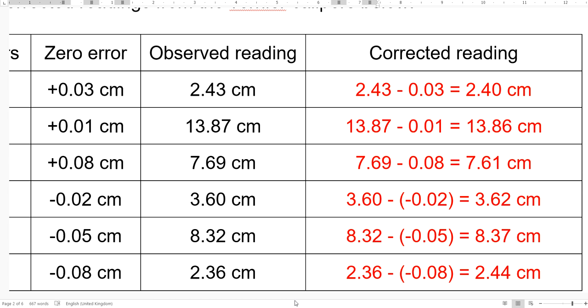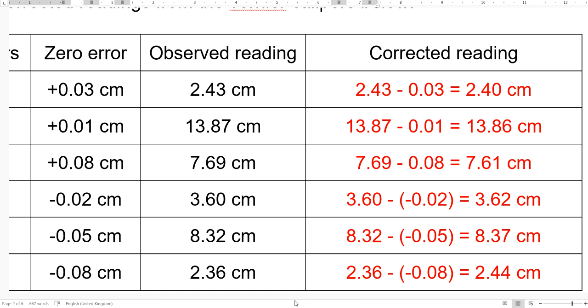I minus how much? What did I minus? 0.02? Did I minus 0.02? No. What did I minus? I minus negative 0.02. 8.32 minus negative 0.05. I just copy down whatever it is over there. Okay? 2.36 minus negative 0.08.